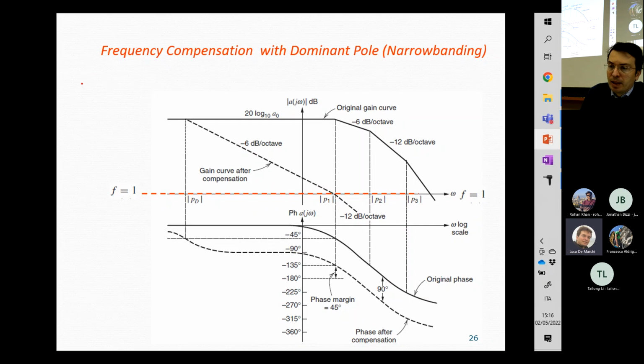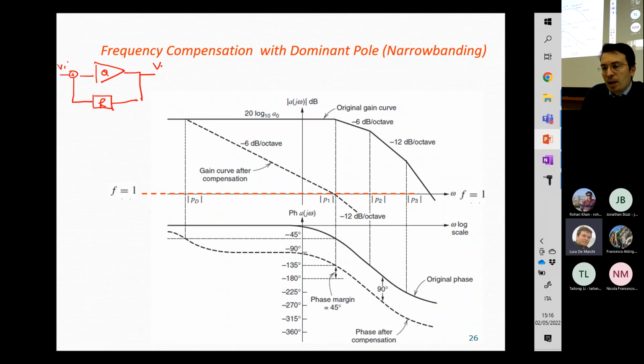If you remember, basically, if we have a loop like this, the relationship between output and input is provided by this expression.